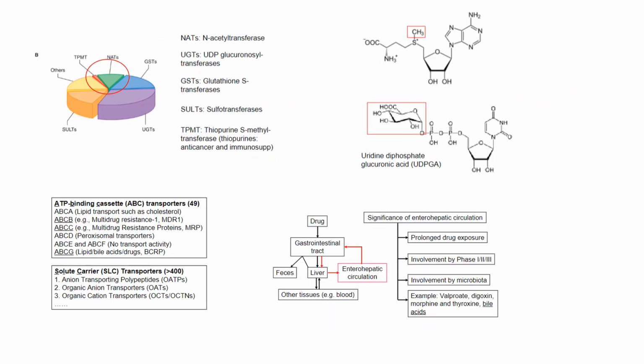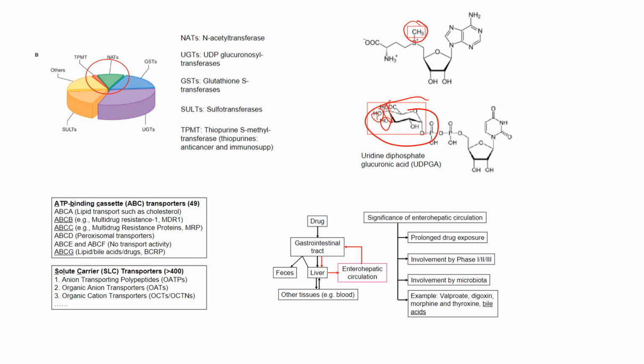Phase 2 metabolism will add hydrophilic groups, generally, like I said, like those big sugars. This is called glutathione. As you can see, there's oxygens everywhere on it because it is like a sugar. However, there are like 2 exceptions. There are N-acetyltransferases and TPMTs. So this is an example of what a TPMT will do.